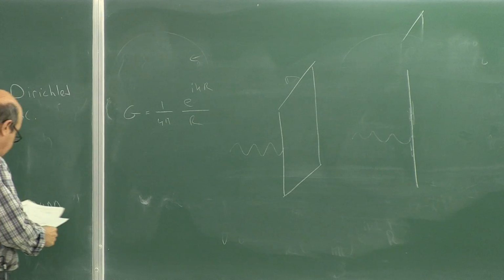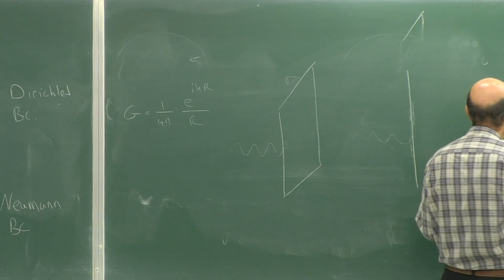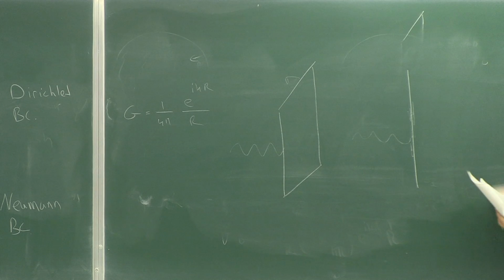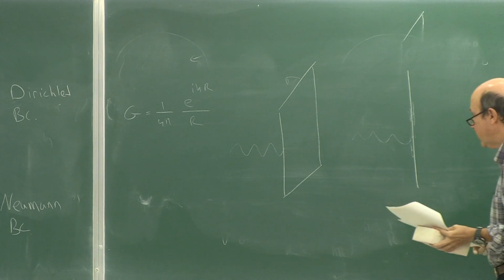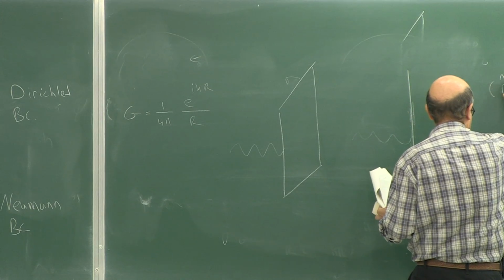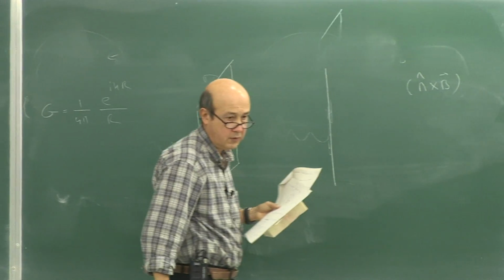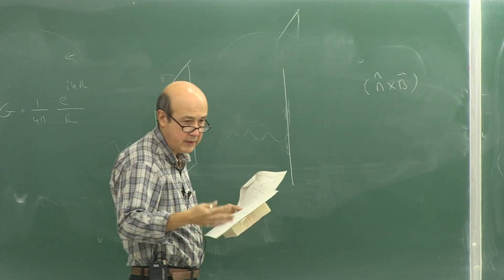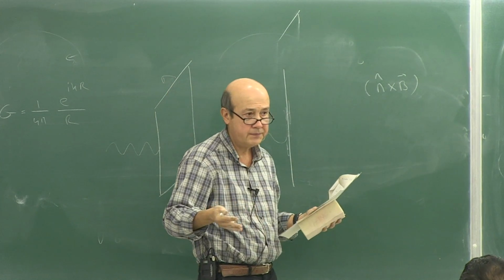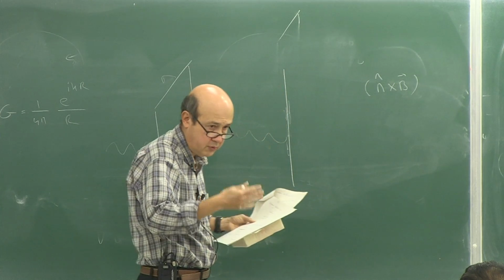So how can you express the radiating fields on the other side? If there is a source of the current, basically the source of the current is N cross B or H. Okay? From the boundary conditions, N cross B is related with what? Surface currents.